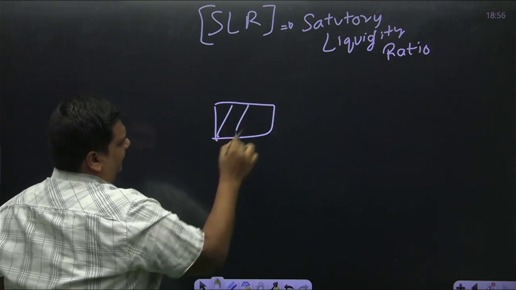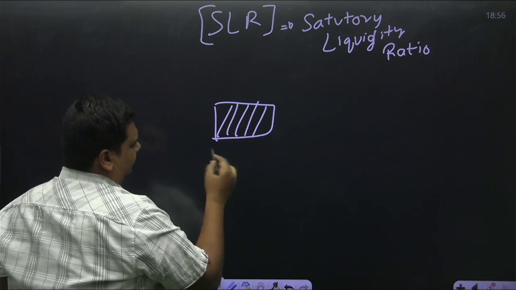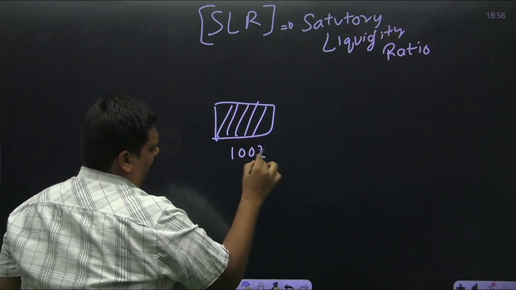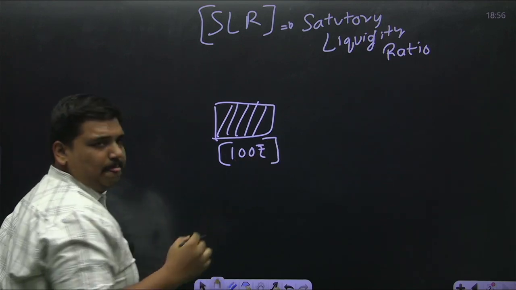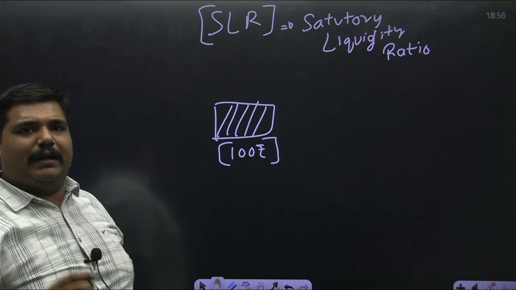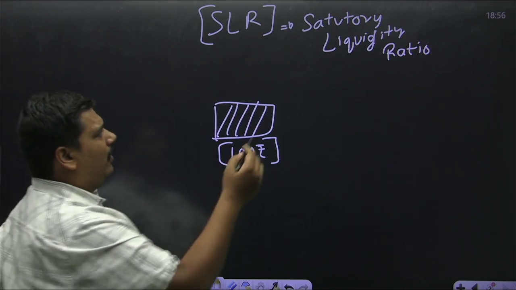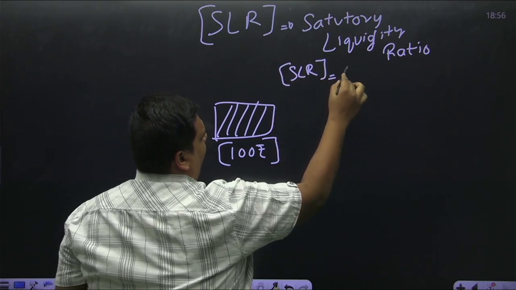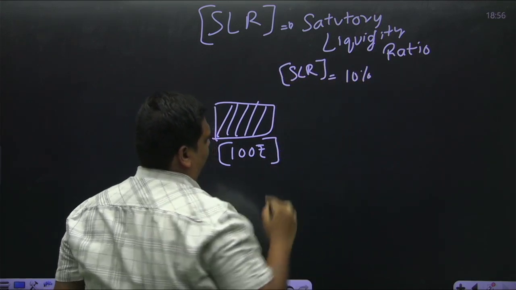There is a bank, let's say they have 100 rupees in total. Okay, the same example. Now the RBI will mention the rate for SLR. Say, let's assume that the SLR rate is also 10%.